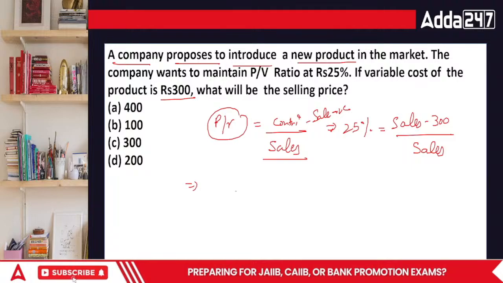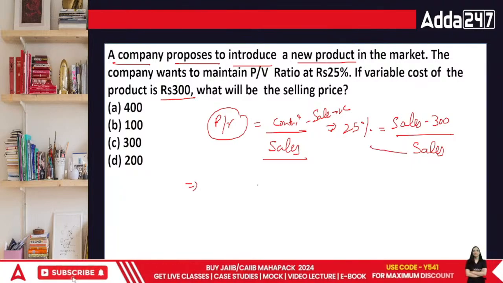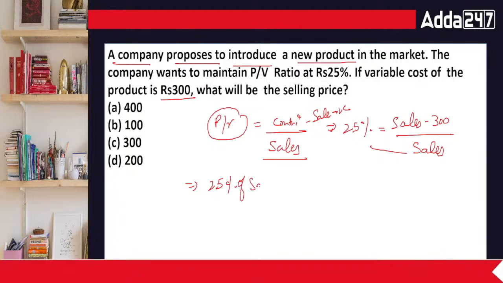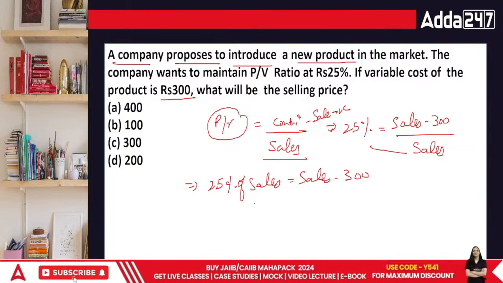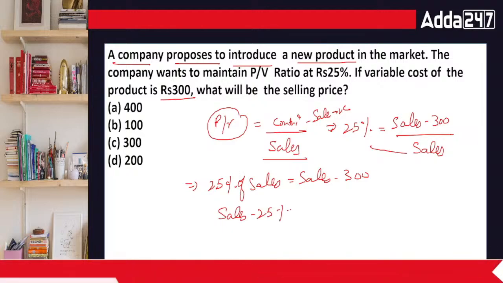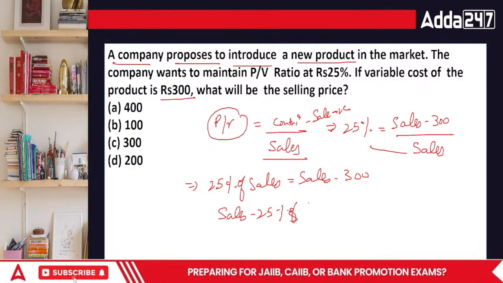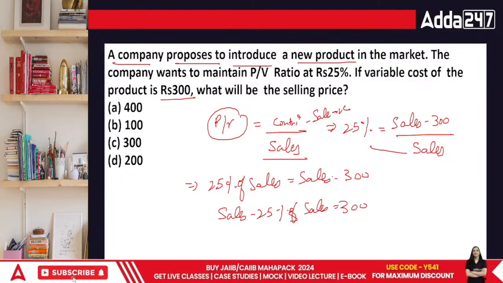Now multiply. This comes out to be 25% of sales is equal to sales minus 300. So sales minus 25% of sales is equal to 300.